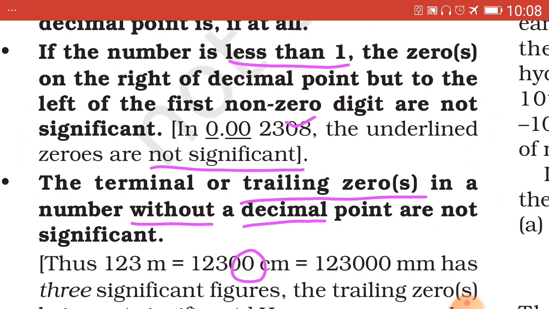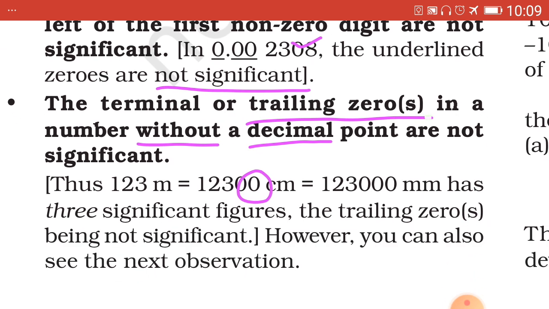There may be any number of zeros before that. If it is greater than 0, then only it has to be considered, otherwise not in this case. After the 0, the two zeros which have been underlined are not significant. So here also the significant figures will be totally 4, that is 2, 3, 0 and 8.